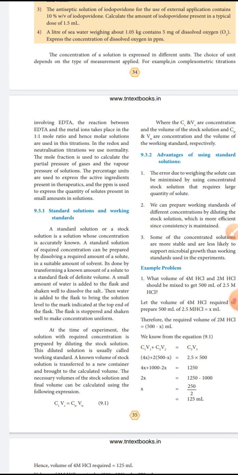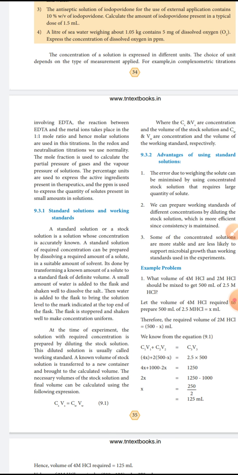A standard solution of required concentration can be prepared by dissolving the required amount of solute in a suitable amount of solvent. That is called a standard solution.